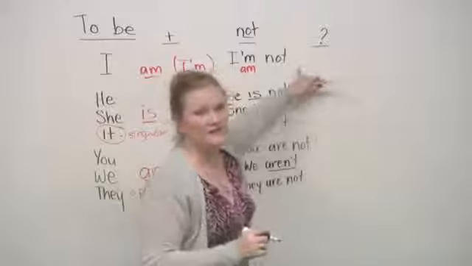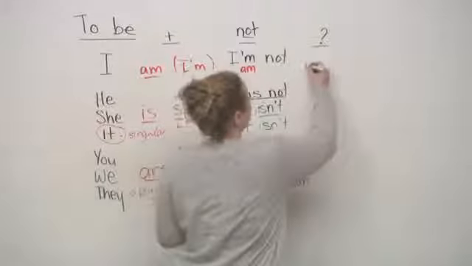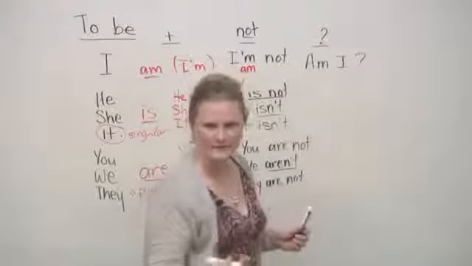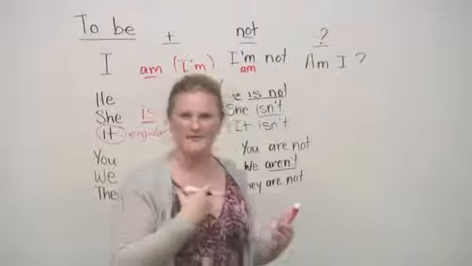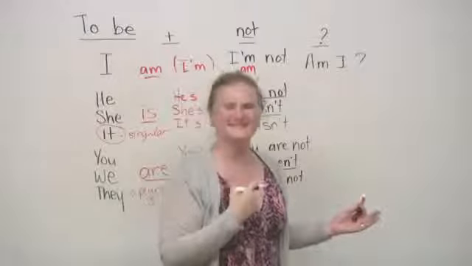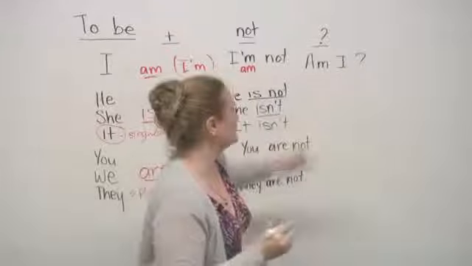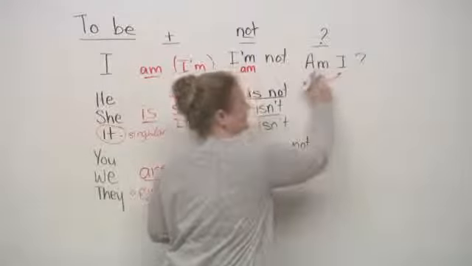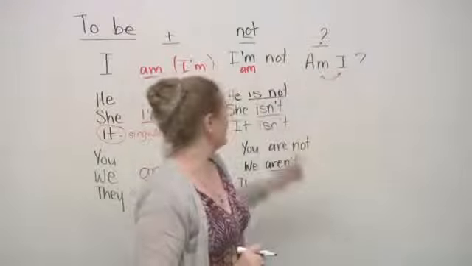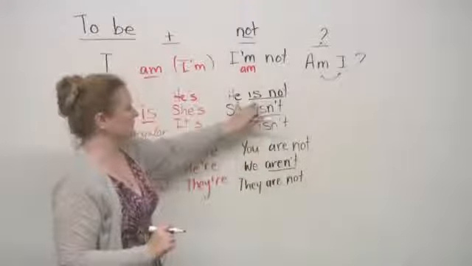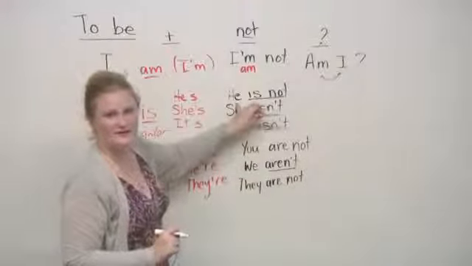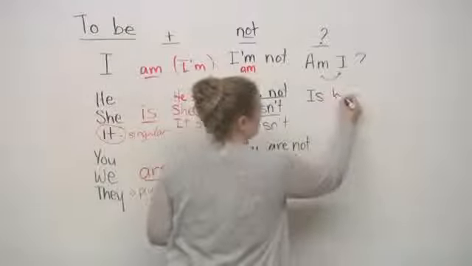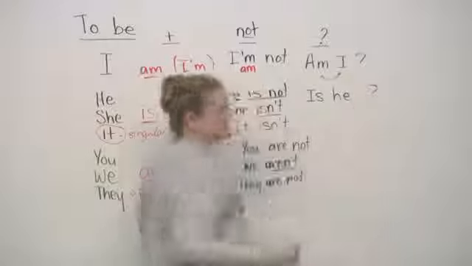So, once you have done that, you're going to start thinking to yourself, am I? Am I speaking English well? Yes, you are. When we use the question form, all we do very easily is switch the verb and the subject. Try and do this one. If we switch the verb and the subject, he is changes to, is he.